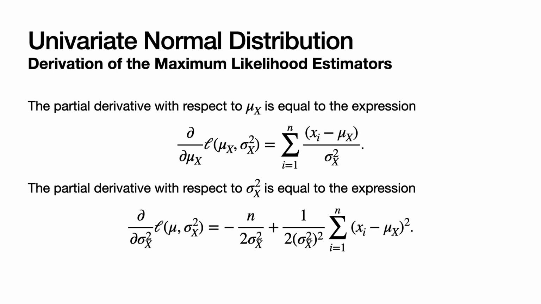The partial derivative with respect to sigma squared sub x is equal to the expression the negative of the sample size over twice the variance plus 1 over twice the square of the variance times the sum i going from 1 to n of the square of the difference between each x sub i and the mean mu sub x.